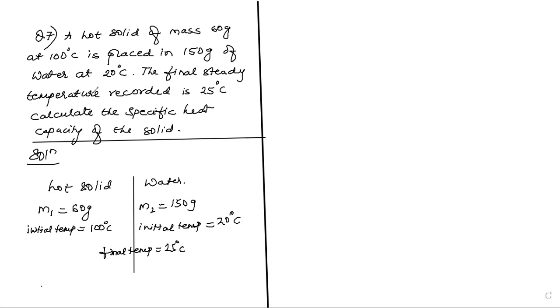Now calculate the specific heat capacity of the solid. Suppose C of S is the specific heat capacity of the solid, and C of water, if you want the answer in joules, is 4.2 joules per gram degree Celsius.